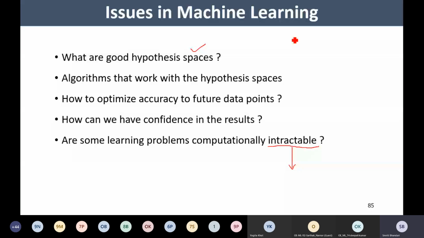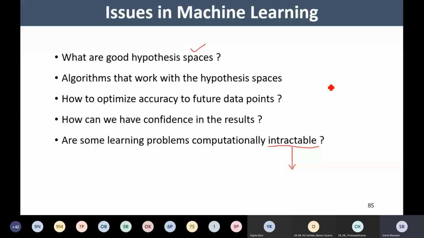So these are various kinds of algorithms that may work with that kind of hypothesis space. I need to think whether I should go with SVM, whether I should go with ANN or something else. That is how I am going to select the algorithm that will be most suitable for the selected hypothesis space.